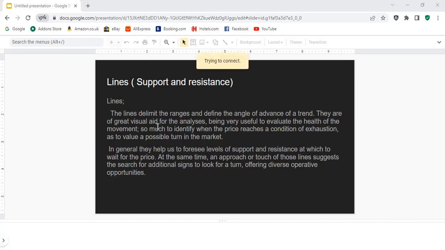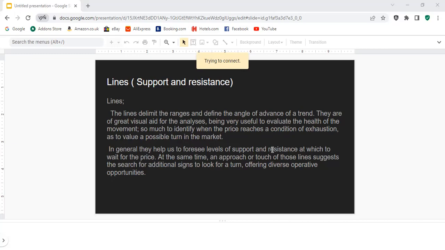They are a great visual aid for analysis, being very useful to evaluate the health of the movement, so much to identify when the price reaches a condition of exhaustion as to value a possible turn in the market. In general, they help us to foresee the levels of support and resistance.